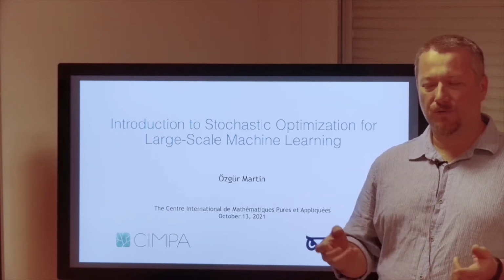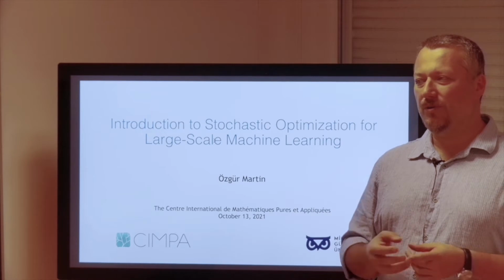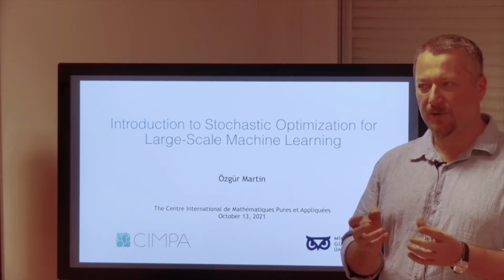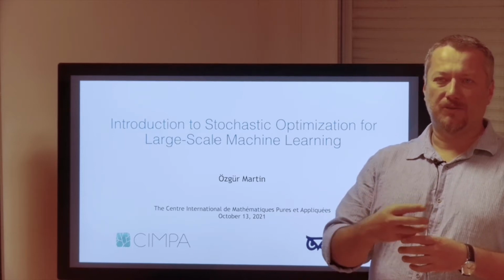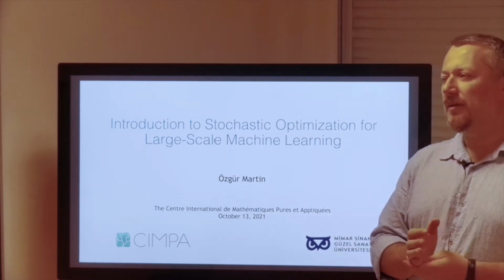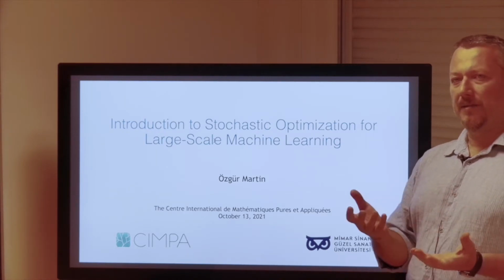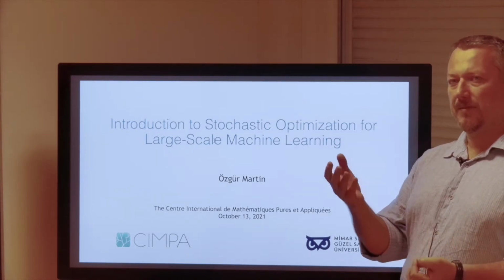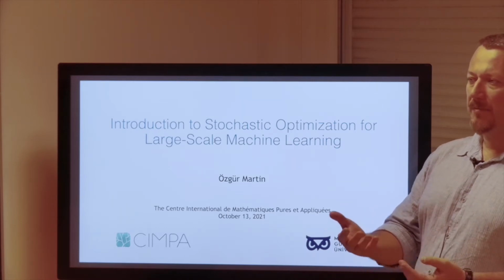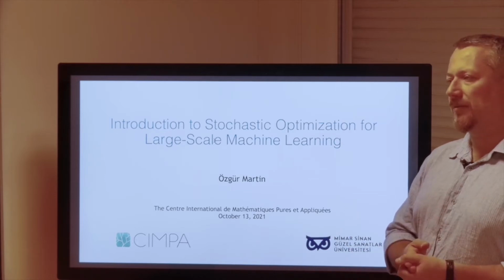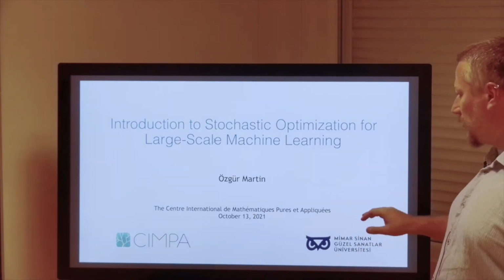You just converge to a neighborhood of a minimizer, but that neighborhood gets bigger when you choose a bigger step size. So there is this balance. By choosing big step sizes, you can converge faster, but then you don't converge maybe very close to the minimizer. So there is this trade-off here.